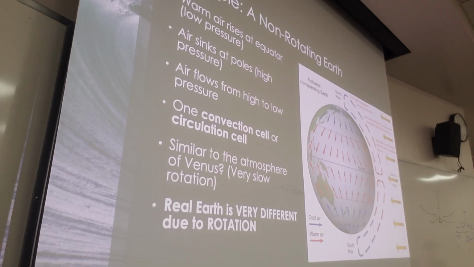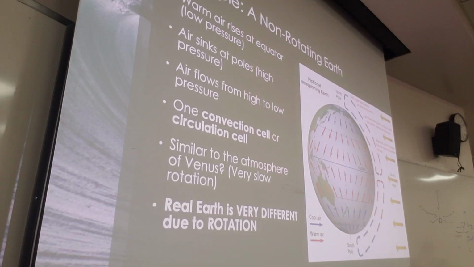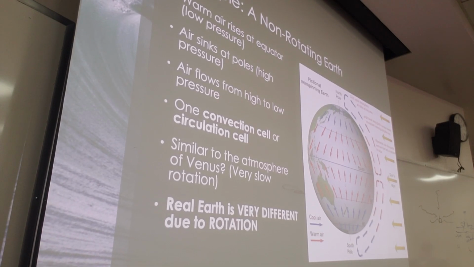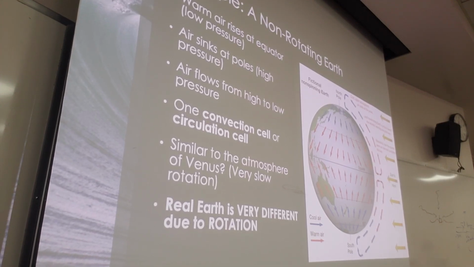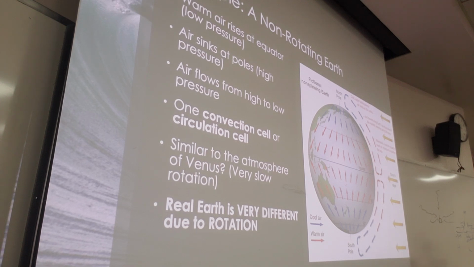And actually, there are other planets in the solar system that work like this. So you may or may not have seen this before, but the different planets in the solar system rotate at different rates. So the Earth obviously rotates once per day. That's how we define the day. But Venus rotates very, very slowly. I don't remember the numbers, but it's much, much slower. Maybe it's 100 times slower.